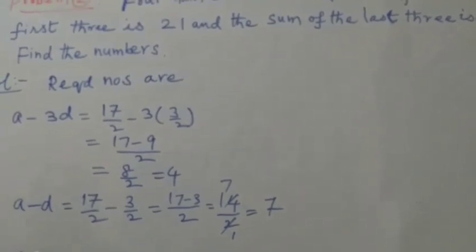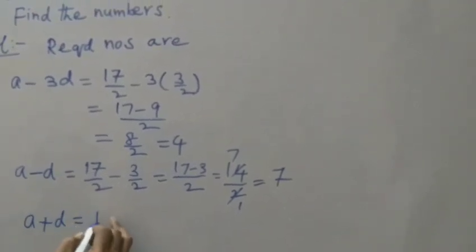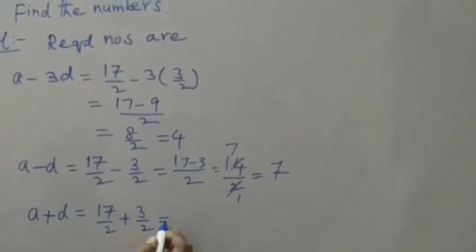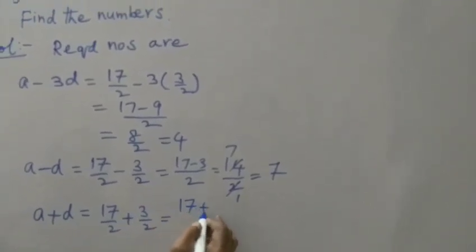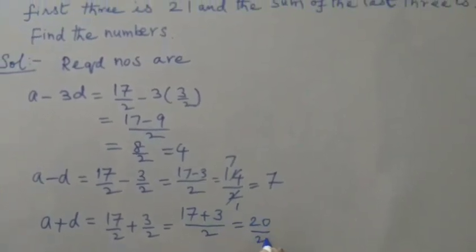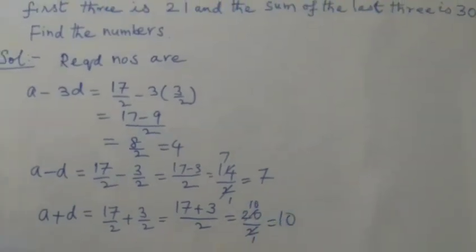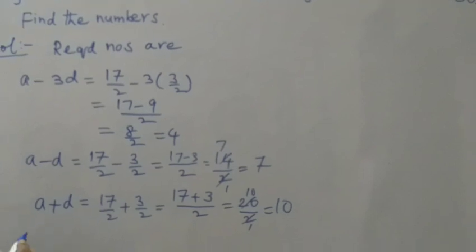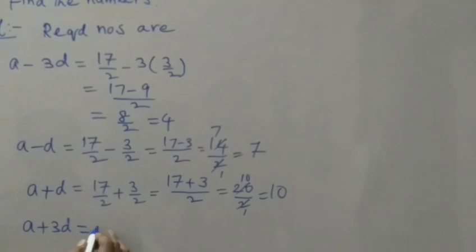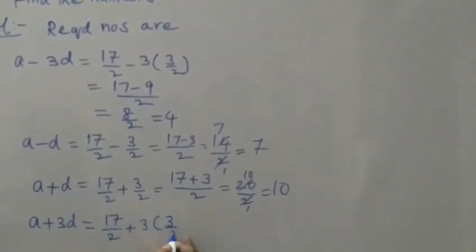Similarly, a plus d is equal to 17 by 2 plus 3 by 2, which is 17 plus 3 by 2, equal to 20 by 2. 2 10s are 20, so it is equal to 10. And lastly, a plus 3d is the fourth term. a plus 3d is equal to 17 by 2 plus 3 of 3 by 2.